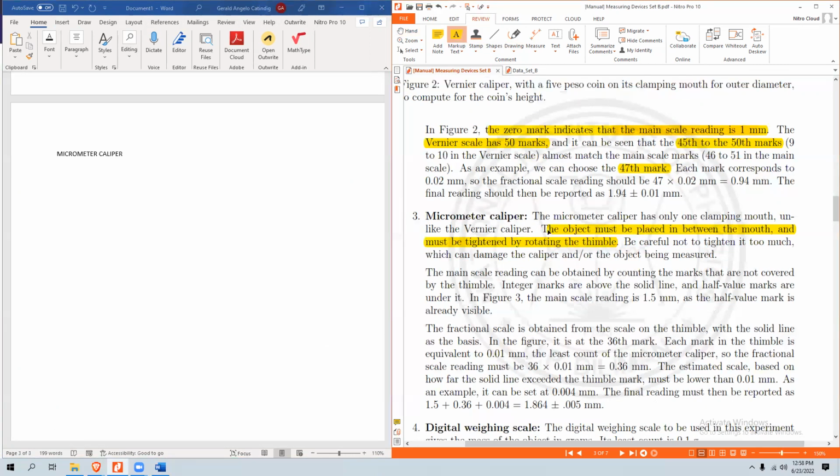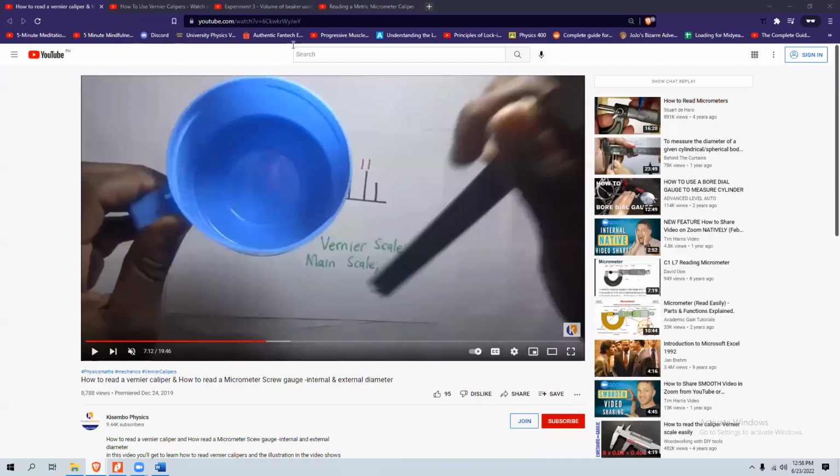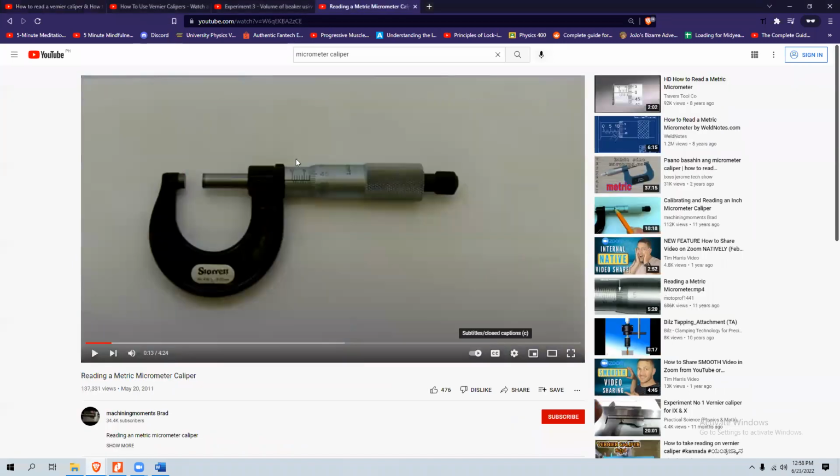So, di naman kayo maghahawak, pero it's nice to know pa din na when handling these kinds of equipment, you have to be careful and not tighten it too much kasi pwedeng masira ang either yung micrometer caliper or yung object. So before we proceed on how we determine the readings of the measurements, let us first see how this micrometer caliper is used.